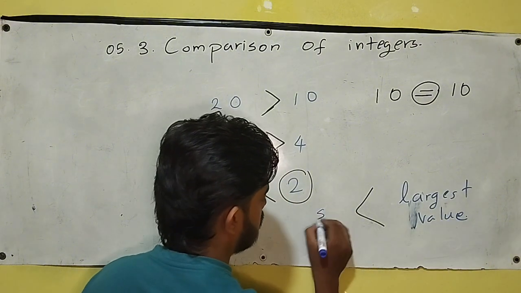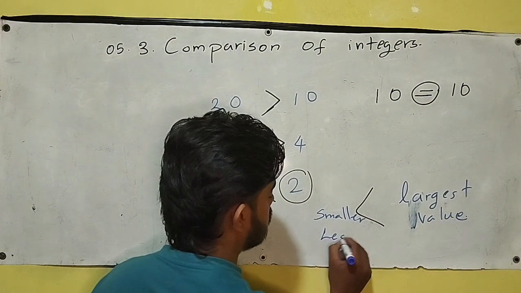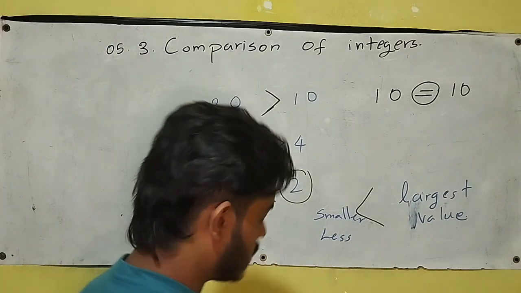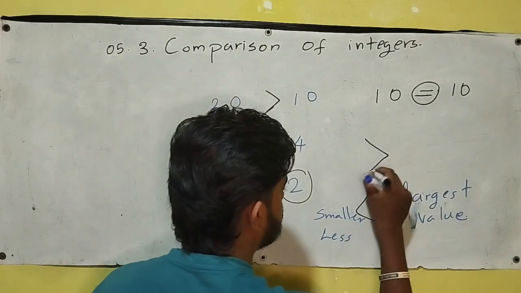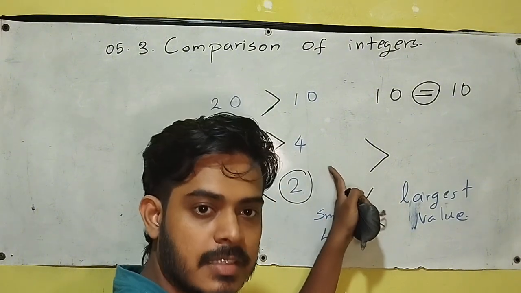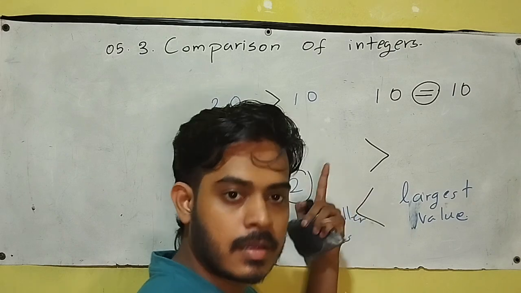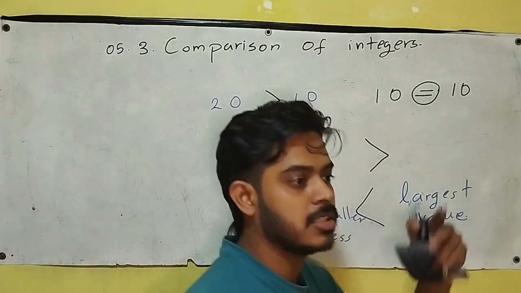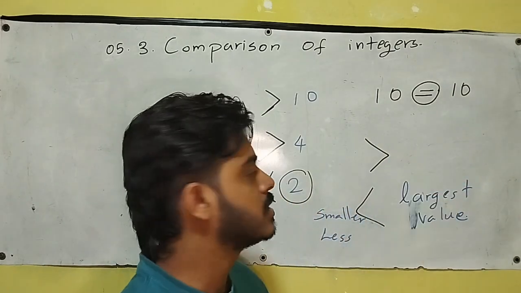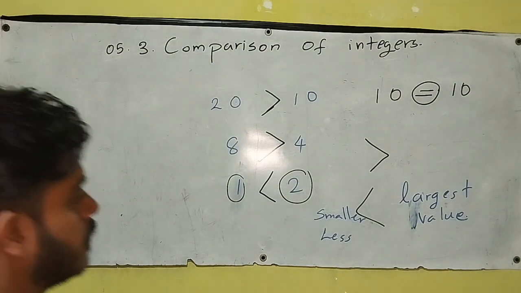For this side is smaller or less value. As well as we can write down like this. For this side, largest, biggest, greatest value. For this side, smallest or less value. That is the thing. You have to understand.